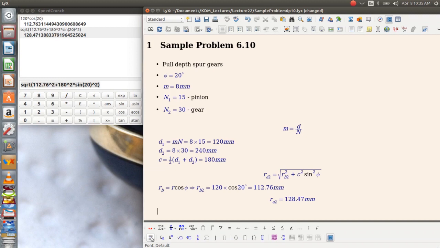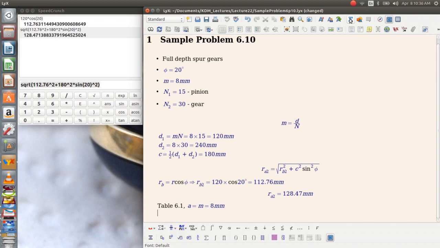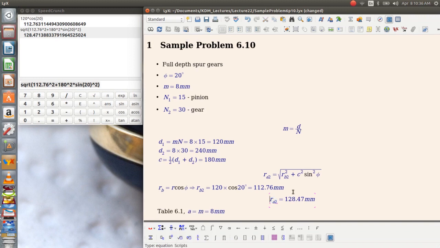Now, as you recall, in table 6.1, we found that the addendum for a metric gear A is equal to the module, which in this case is 8 millimeters. So that says that the actual, I'll go ahead and note this as the max.